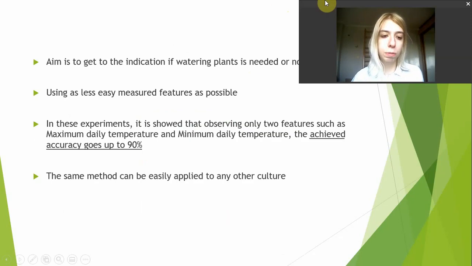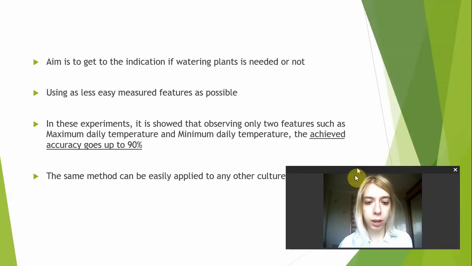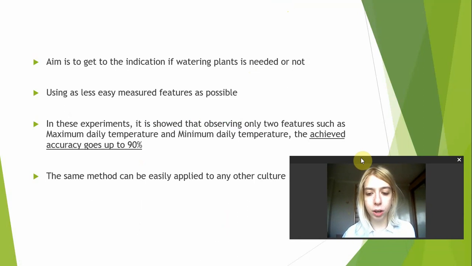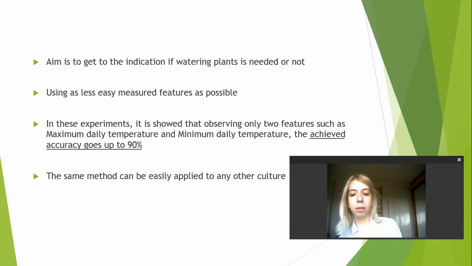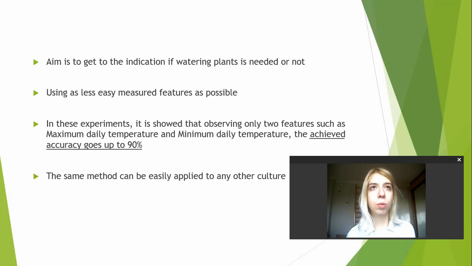The conclusion of this paper is that using only minimum and maximum daily temperature and such easily obtained data, we can have a high accuracy for predictions and high reliability in the pieces of advice that the user gets.